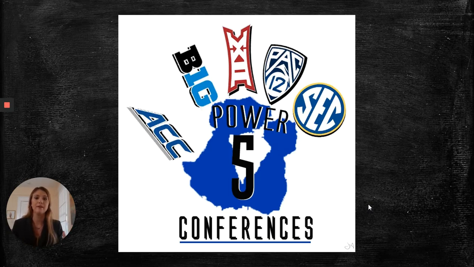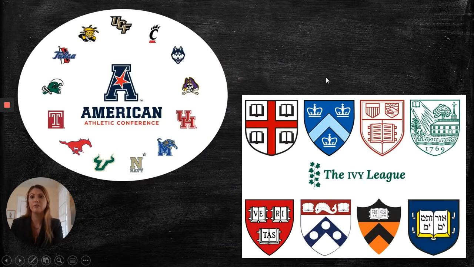I wanted to compare how these conferences do academically, because we know athletically they're seen as above, but how do they do academically compared to our conference, which is the American Athletic Conference? You can see UCF, and then I also threw in the Ivy League there because they're known for being academically superior, so I wanted to test that out. So I compared the Power Five conferences, the American Athletic Conference, and the Ivy League.